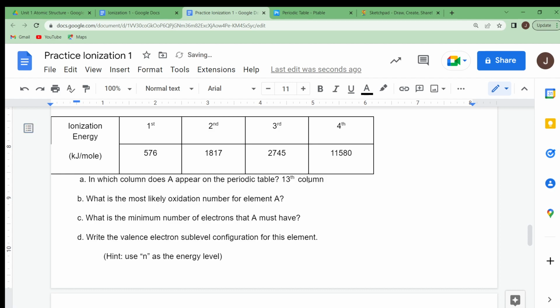So we're going to go ahead and say that its oxidation number is likely going to be 3 plus. Now I know I just said that we were going to lose 3 electrons, and the reason that it's going to be plus has to do with the fact that electrons are negative, okay?